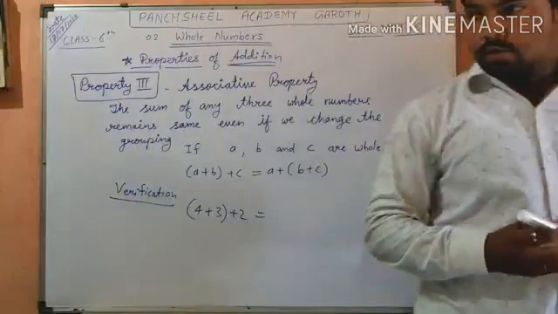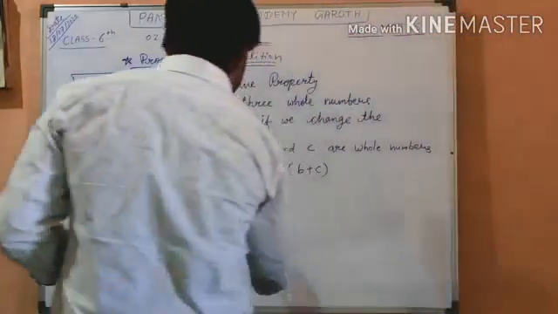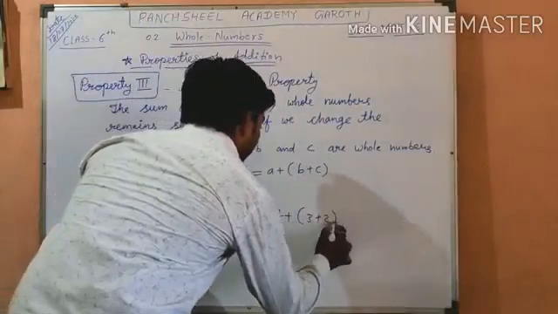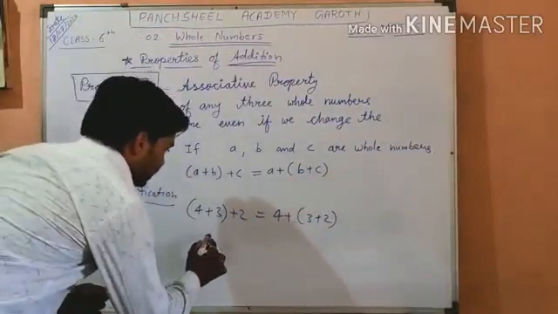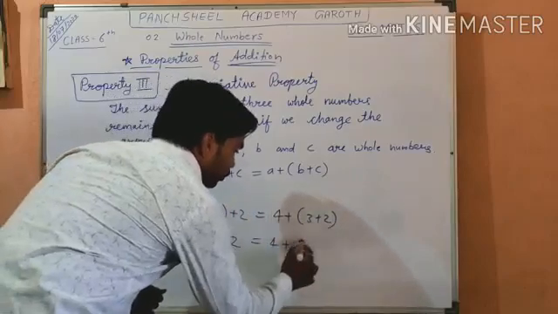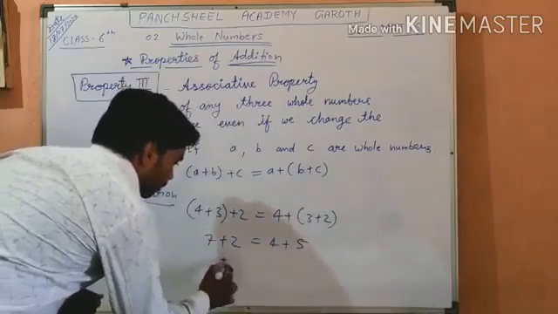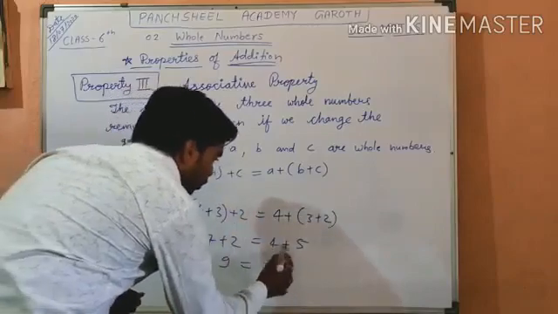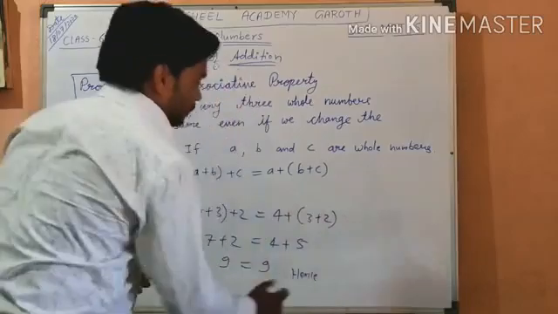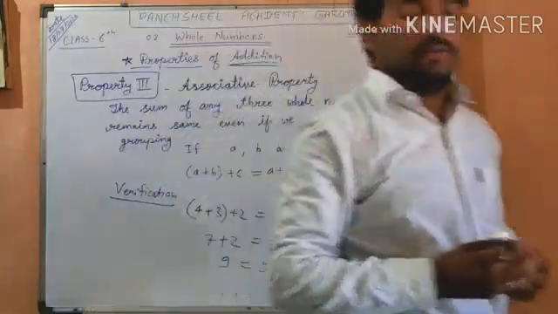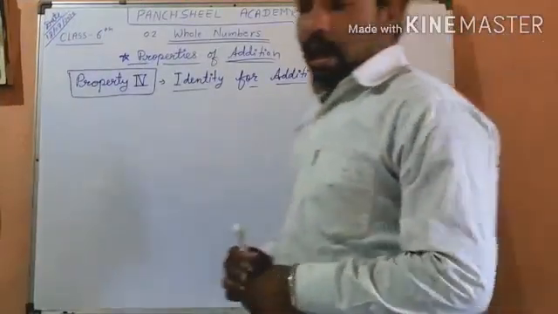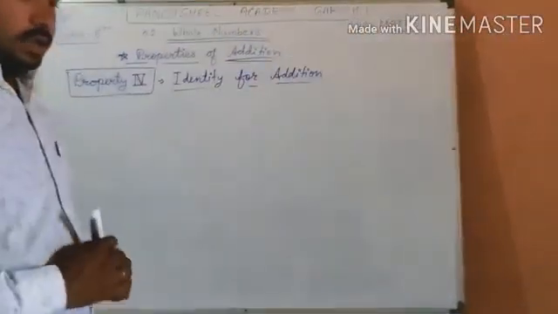So 4 plus 3 is 7, plus 2 is 9. Now the other way, 3 plus 2 is 5, and 4 plus 5 equals 9. Hence proved, it's verified.